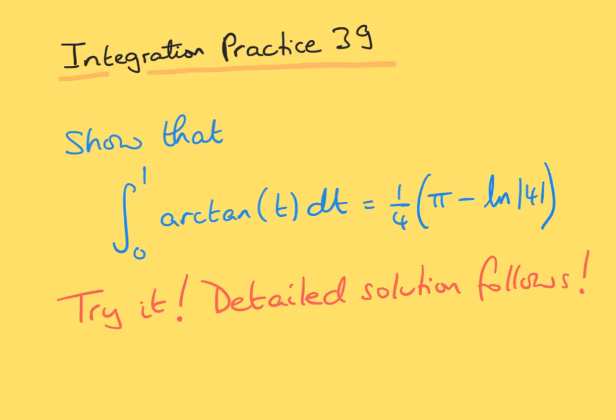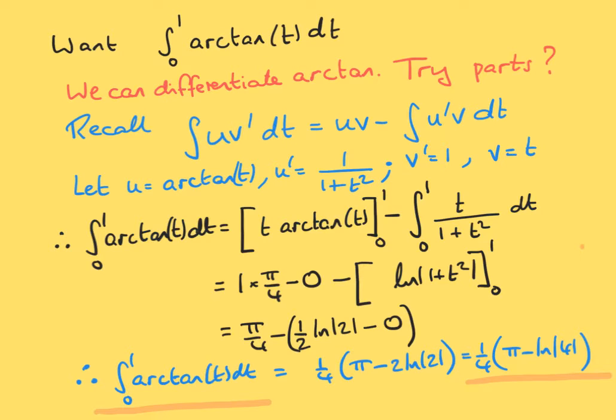Okay, welcome back. Let's look at a solution to this question. So we now want to perform this integral, and initially I don't know off by heart how to integrate the arctangent, but I do know its derivative. So this is a little bit like the integral of the logarithm.